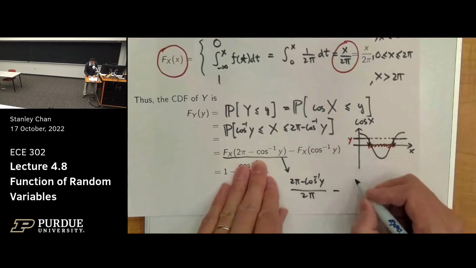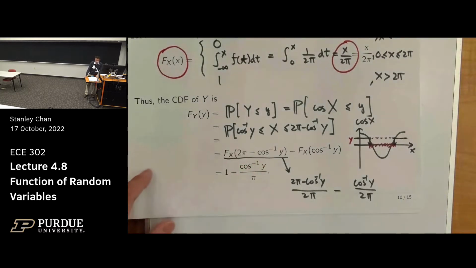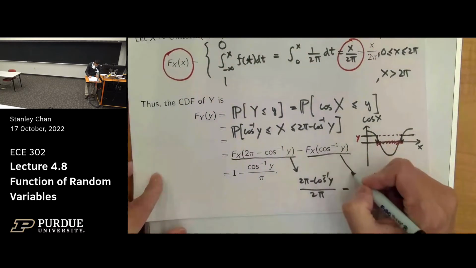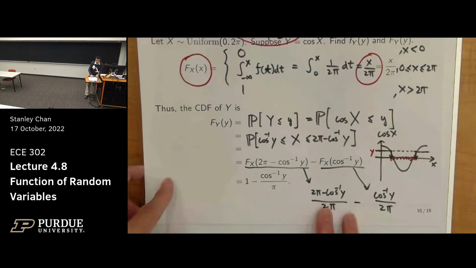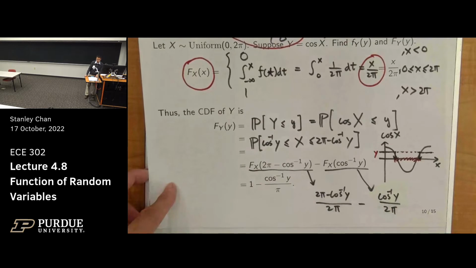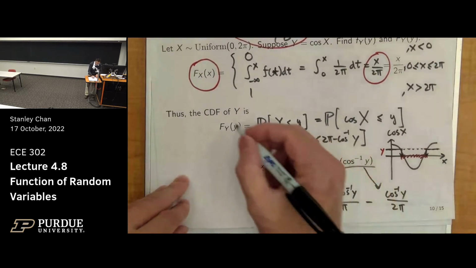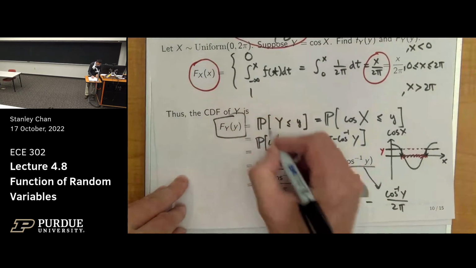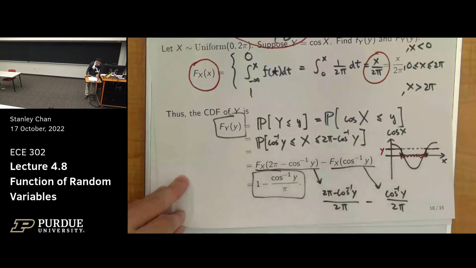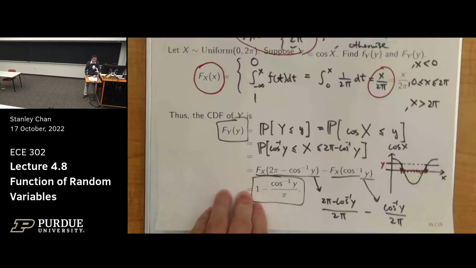And this guy will be cosine inverse of y divided by 2π. Okay, so that would be this term. And so you take this difference, then you can get to 1 minus cosine inverse y divided by π. The 2 will be absorbed. So that is my CDF. Your CDF is given by this ugly formula. This is the CDF of your random variable y.